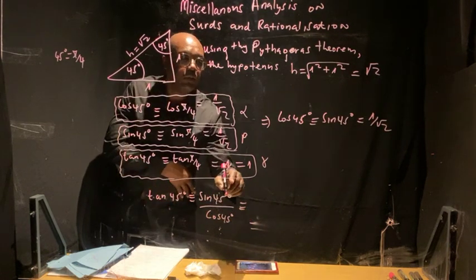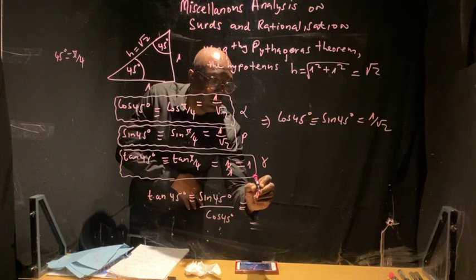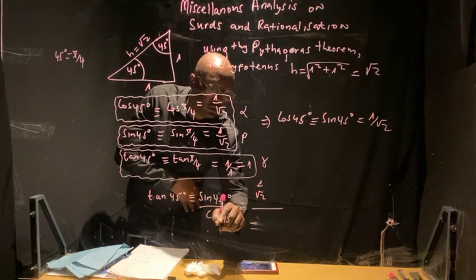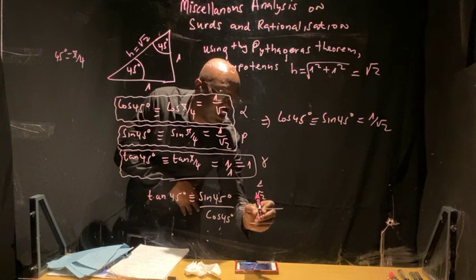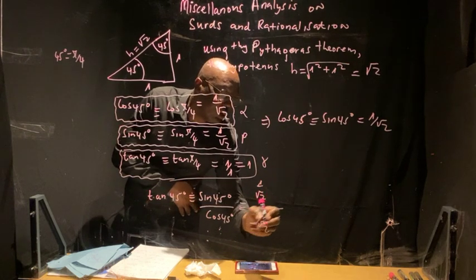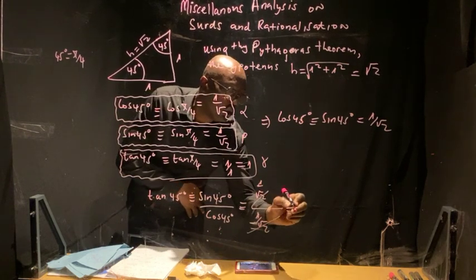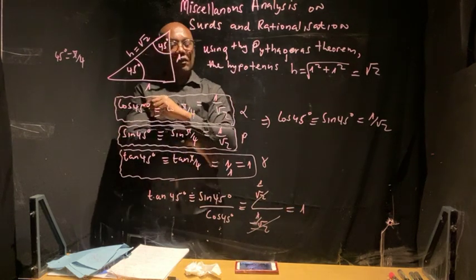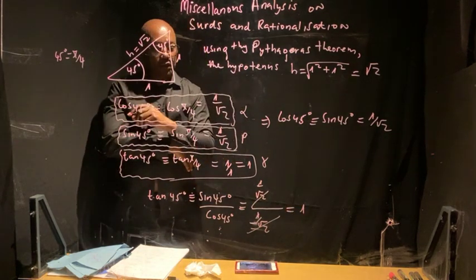But sine 45 degrees is equal to 1 over root 2 over cos 45 degrees is equal to 1 over root 2. They both cancel out and you have 1. Therefore, tan 45 is equal to 1.